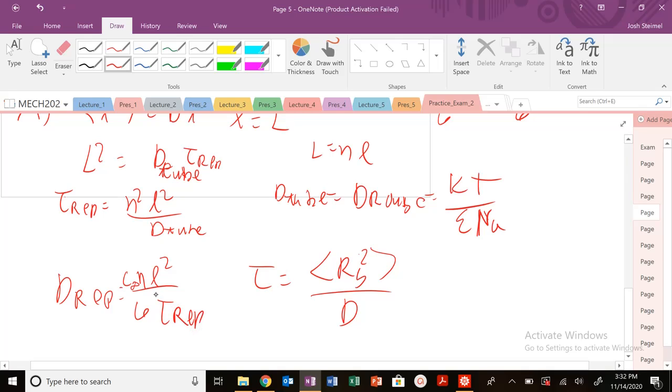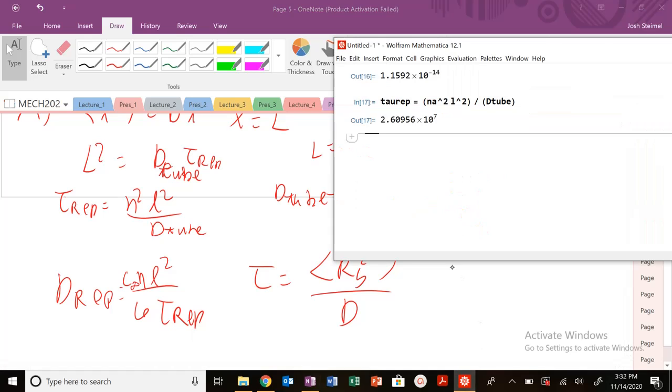Let's look at the units: meters squared over seconds, everything looks okay. So my D rep is equal to my C inf A times Na times L squared, all of that divided by 6 times tau rep.